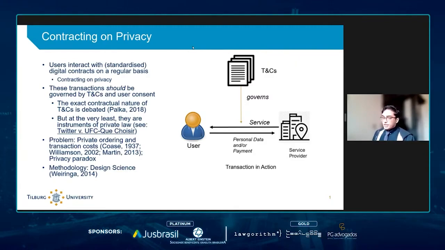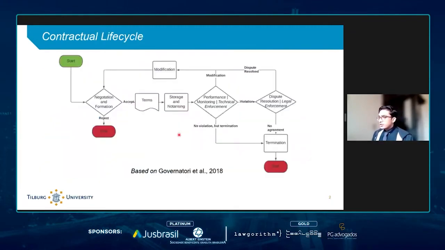So in the first chapter of my thesis, before coming to the problems actually, to understand the interaction of users and service providers in the context of the terms and conditions, we use the lens of the contractual life cycle to organize this process.